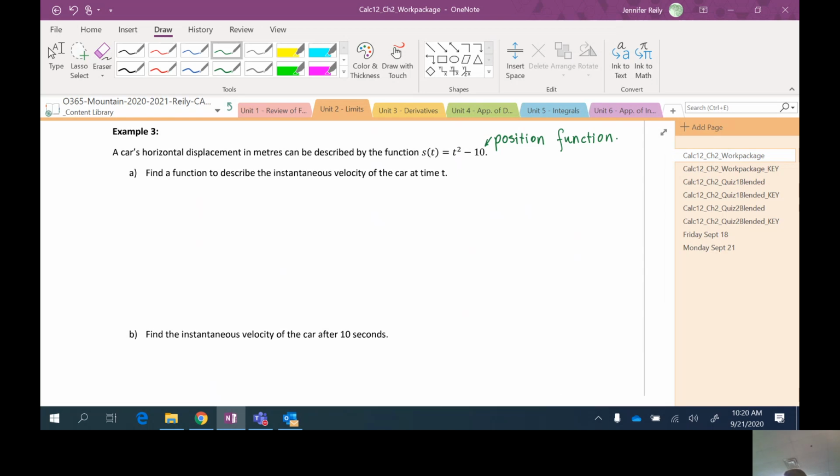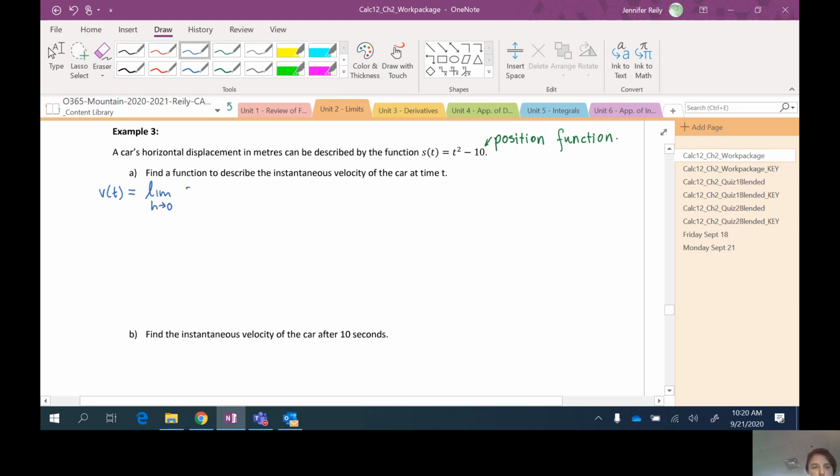So we're going to use our formula for the instantaneous rate of change, or the derivative. So we want to know v of t. That's just limit as h goes to 0.